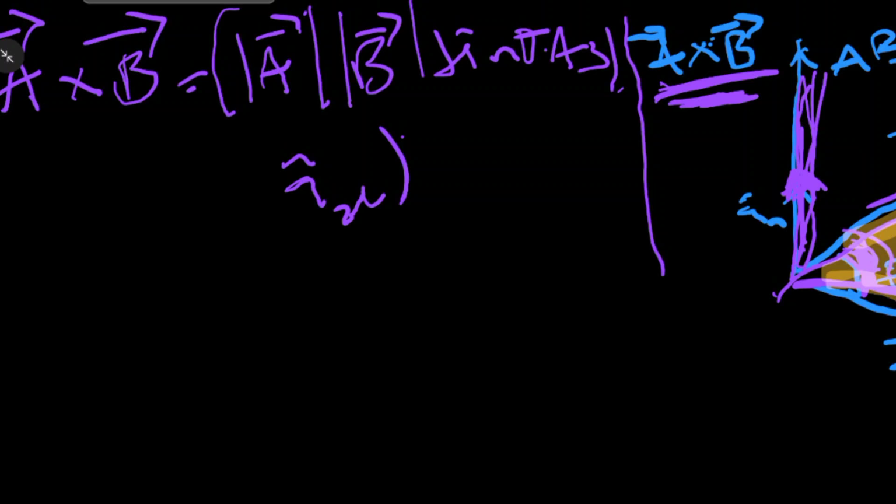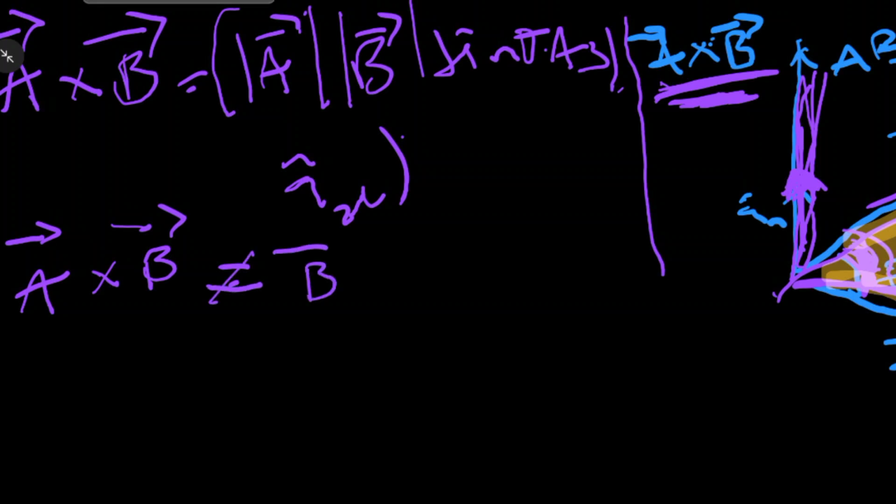What I mean here is that, let's say we have vector A cross vector B. This is not equal to vector B cross vector A. To write this, the sign has to change.